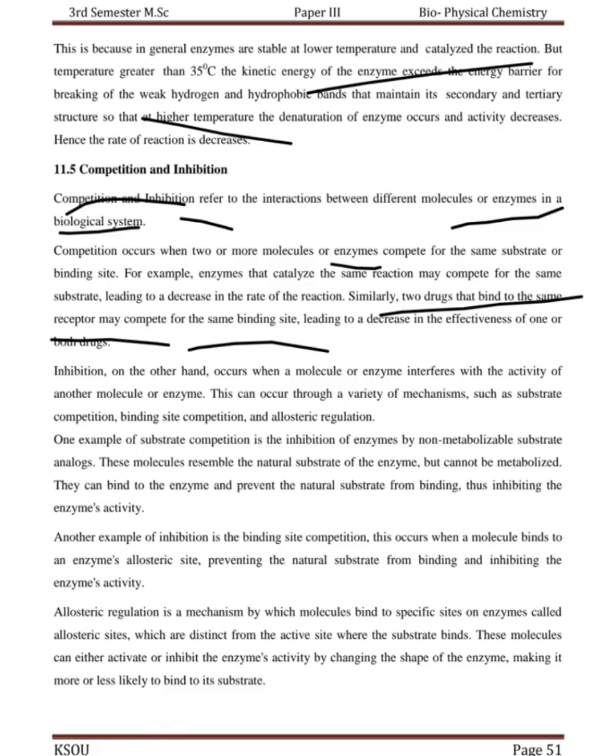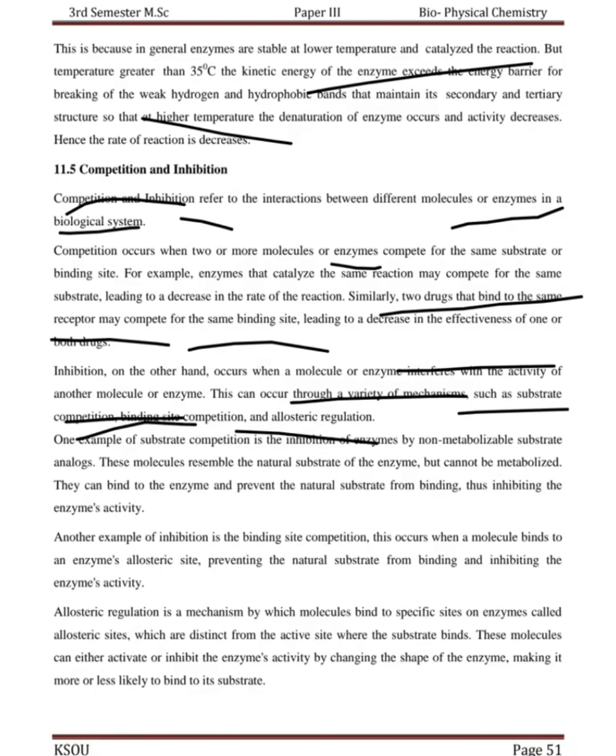Also, it occurs when a molecule or enzyme interferes with the activity of another molecule or enzyme. This can occur through various mechanisms such as substrate competition and allosteric regulation.